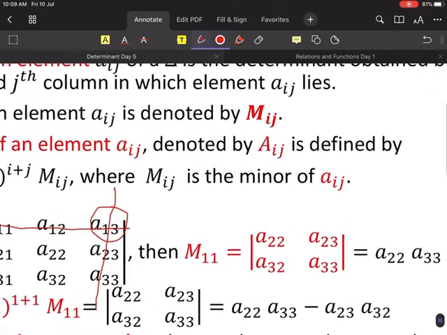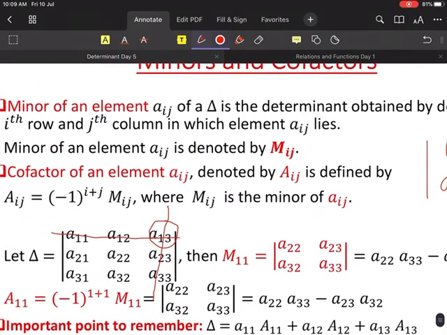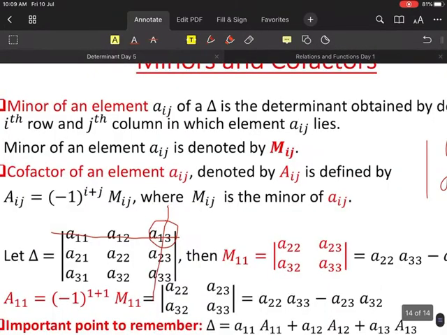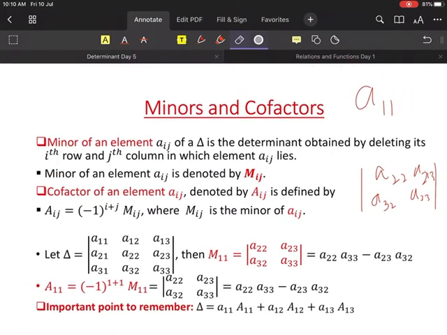Now understood? Yes or no? So what is the minor of A13? It will be A21, A22, A31, A32. Understood? Clear? Acha, in the same way, who can tell me what is the minor of A22? Tell me fast.